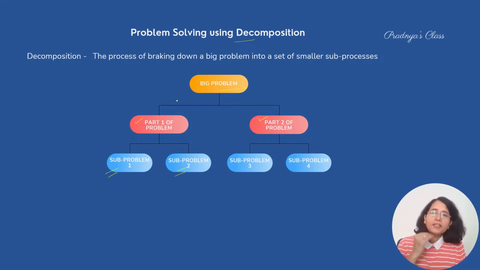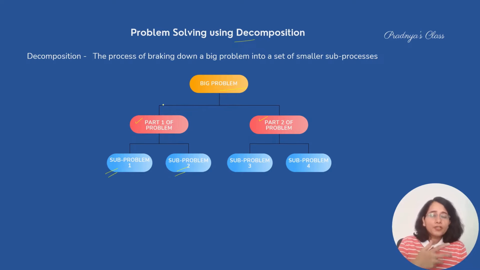This technique of decomposition we use in everyday life. Let's take one example. If you want to host a birthday party, you use the decomposition technique to select the menu, decide the time, identify the venue, and task people with what they have to bring. Let's take one more example related to computer science.